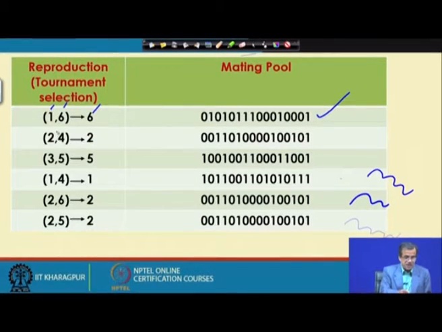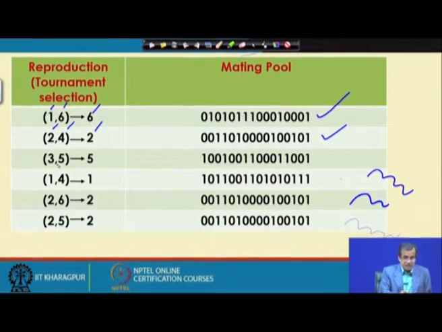I select the second and fourth at random and compare their modified fitness values, and the modified fitness value for the second one is better, that is, smaller in numerical value. So, that is selected here. From the initial population I select the second GA string in the mating pool.